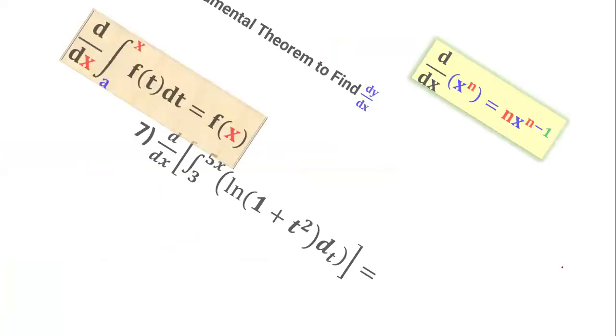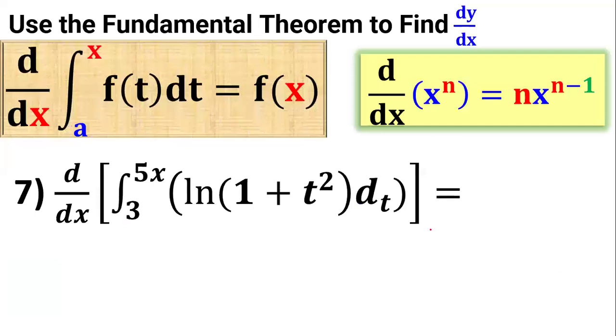Okay. Example 7. Here, you are asked to find the derivative with respect to x of the integration from 3 to 5x of ln of 1 plus t squared dt.